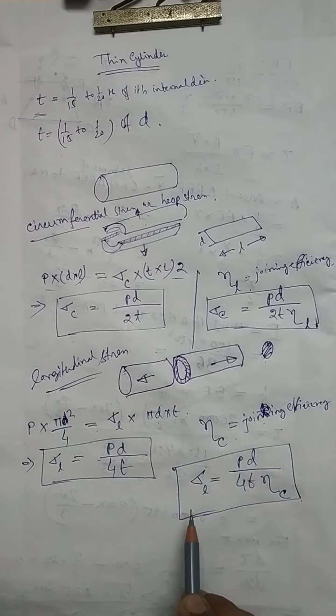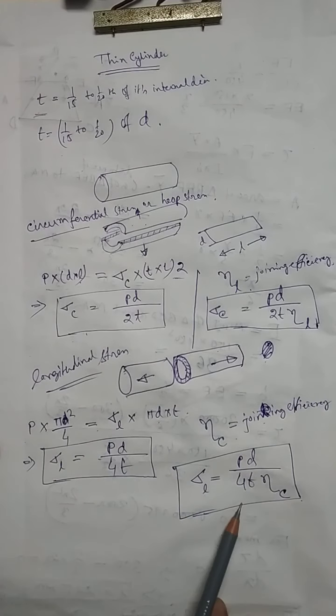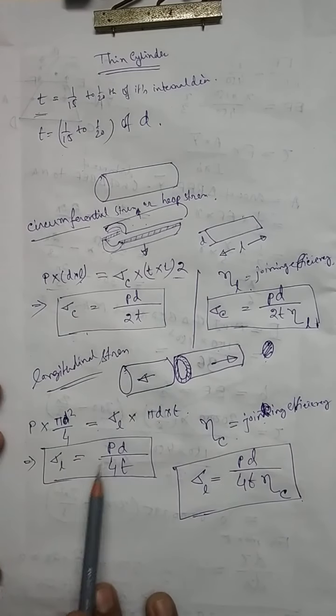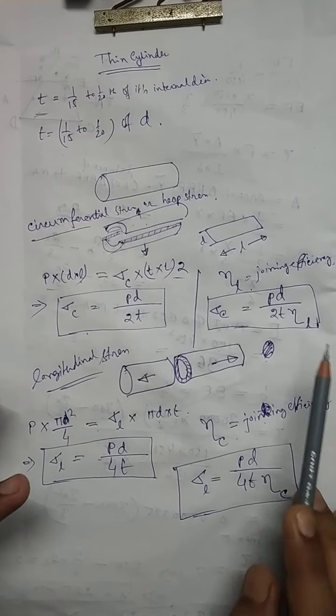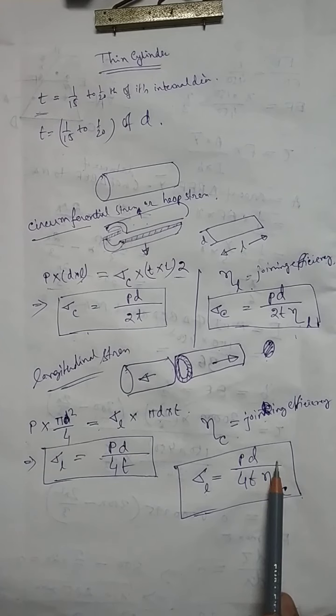The equations change in this way. These equations are going to be required while we solve problems. So these four equations will be required: when it is without a joint, this equation; when with a joint, then this and this.